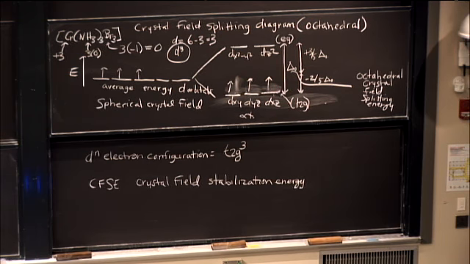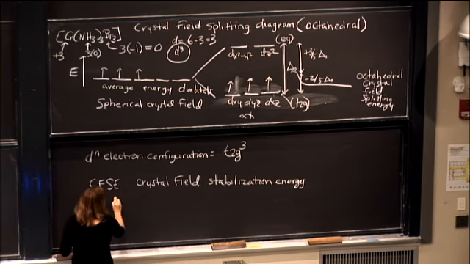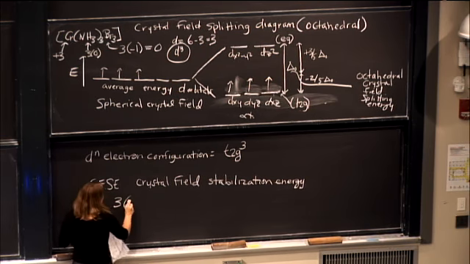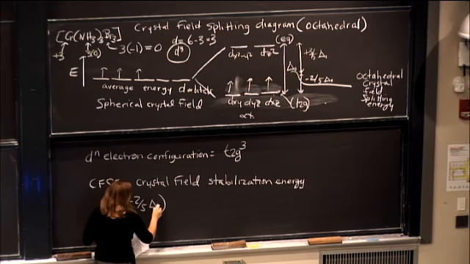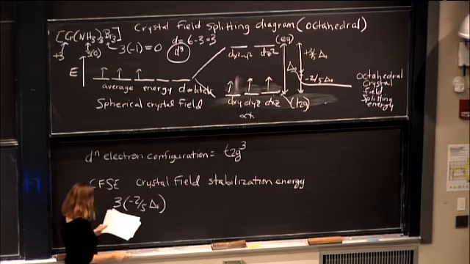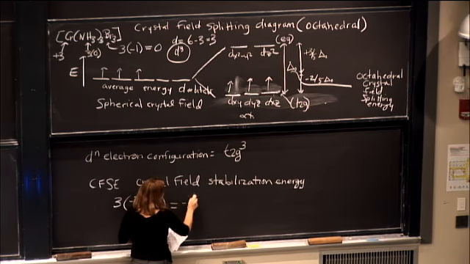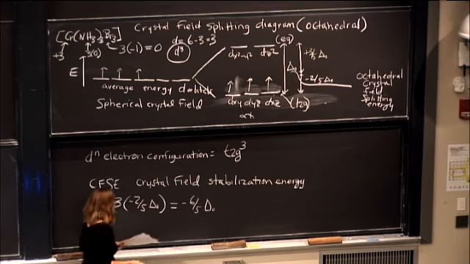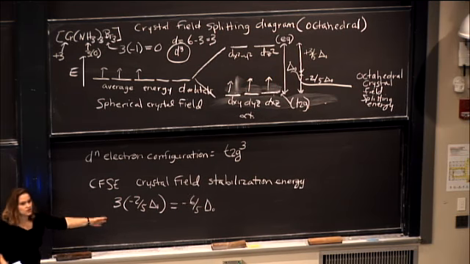And so what we can do there is you see that you have 3 electrons in those lower sets of orbitals, and those orbitals are stabilized by 2/5 times the octahedral crystal field splitting energy. And so that gives an answer of -6/5 times the octahedral crystal field splitting energy. So that's how much those electrons are stabilized.